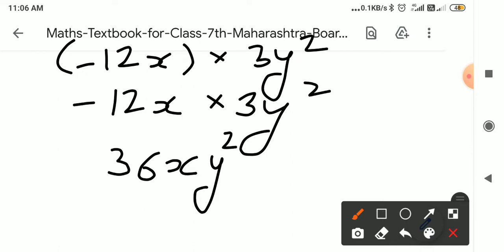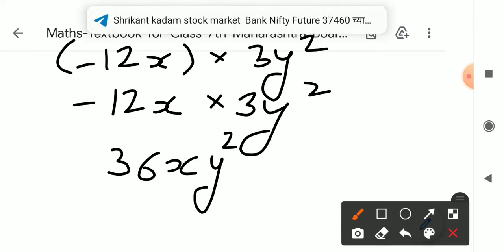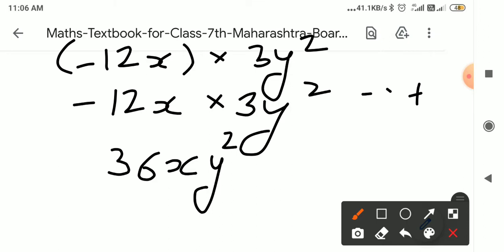But here we have to do the multiplication of signs. You know that for negative and positive, if the signs are different, I told you some rules when I taught that lesson. So if different signs are there, in multiplication the answer will get the negative sign only.